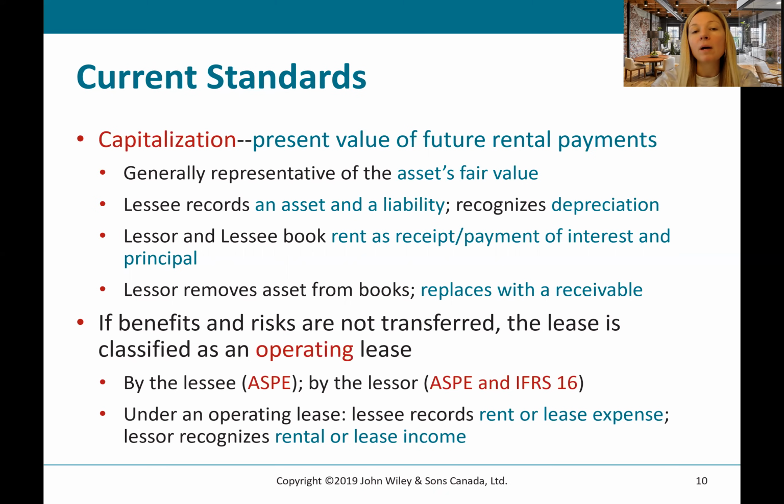We'll talk more about lessor accounting in part 2 of the lecture. If benefits and risks are not transferred, the lease is classified as an operating lease under ASPE by the lessee and the lessor. Under an operating lease, the lessee simply records rent or lease expense, and the lessor records rental or lease income.